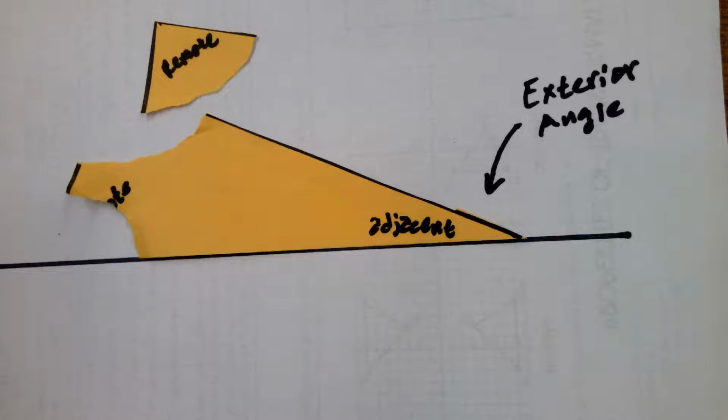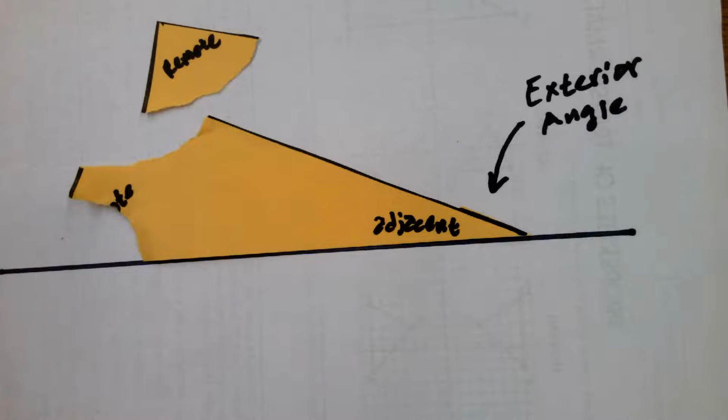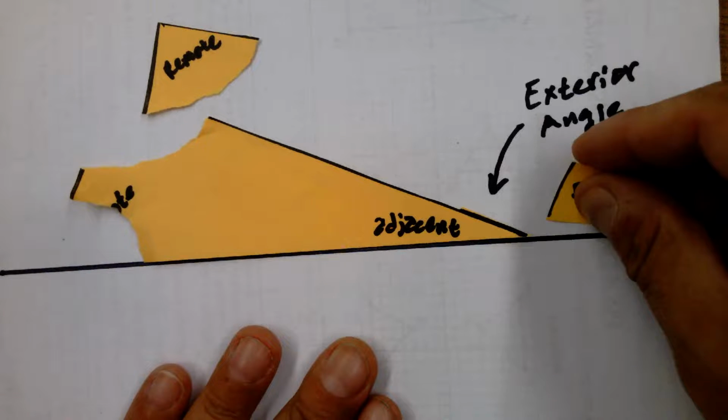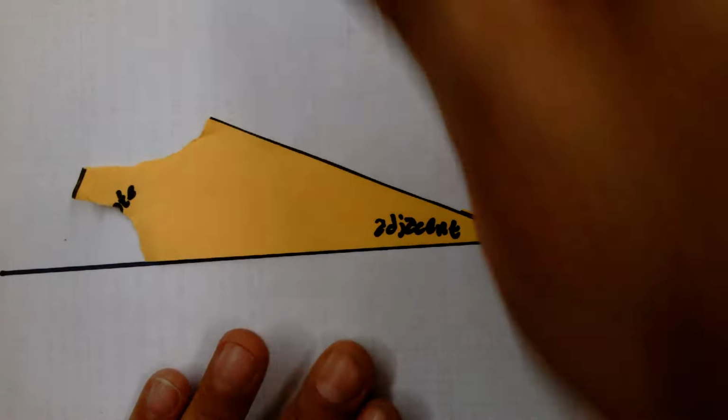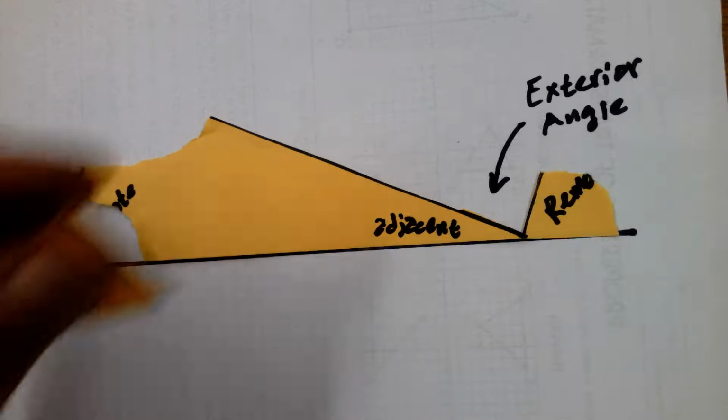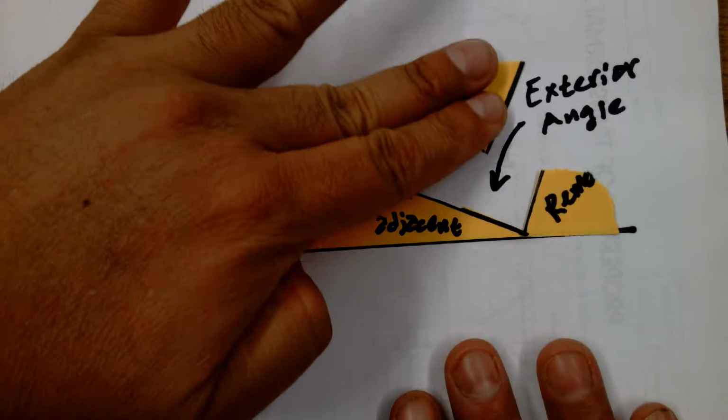I'm going to drop my Sharpie. So I'm going to take my angles and do this little jigsaw puzzle thing again. And lo and behold, this is a consequence of the theorem we just saw.